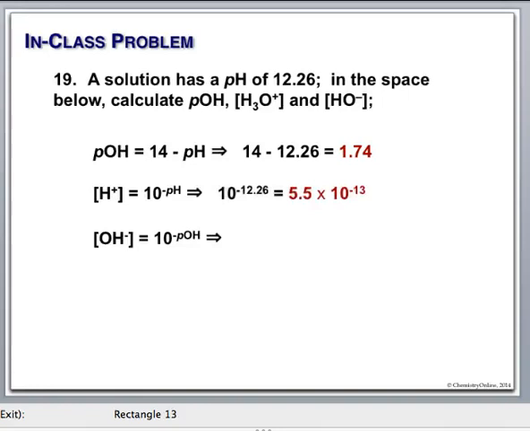Same operation here. We know what pOH is because we calculated it. So it's simply 10 to the minus 1.74, or 1.8 times 10 to the minus 2.